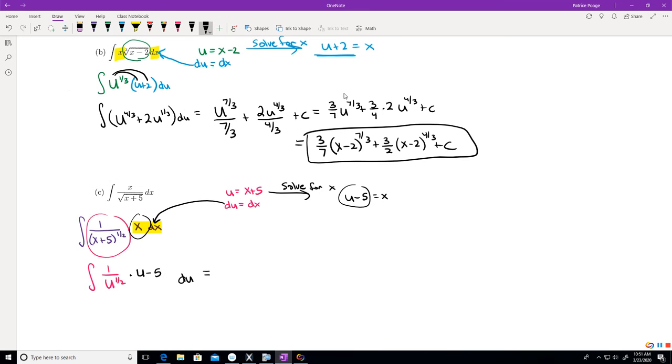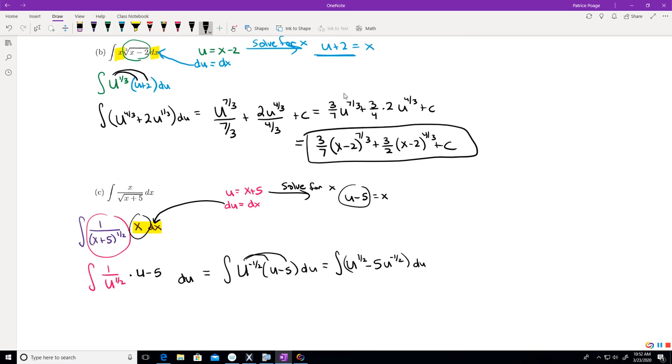All right, so I'm going to bring this up to the top. So I have u to the negative half times u minus 5. I can multiply that through because it's just to the 1 power. And remember, when you're multiplying like bases, you add the exponents. So negative half plus 1 is 1/2, minus 5u to the negative half du.